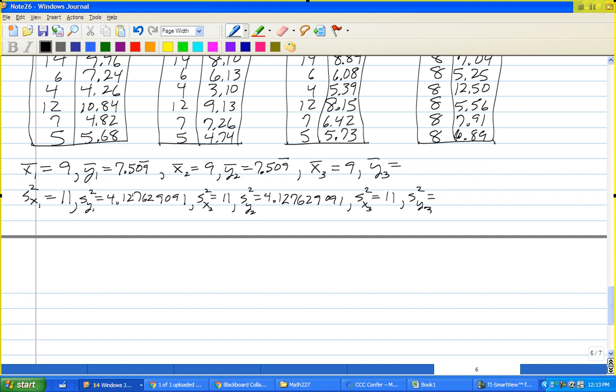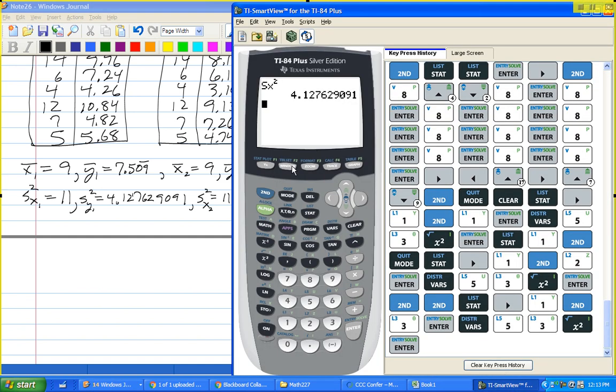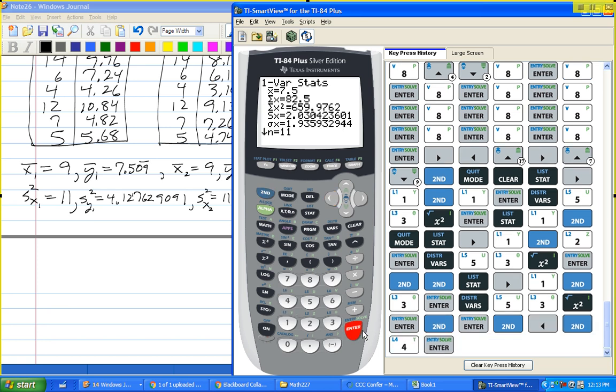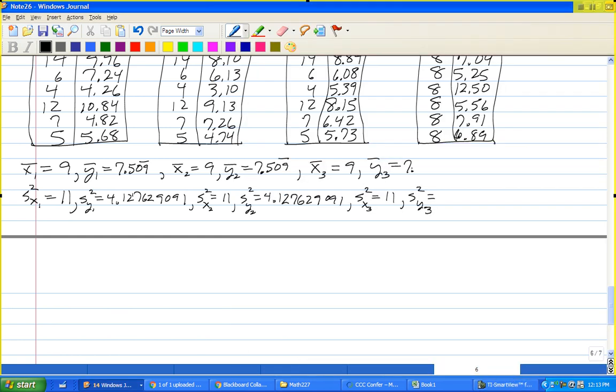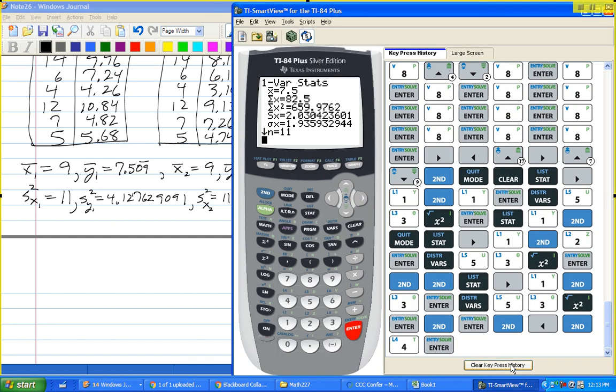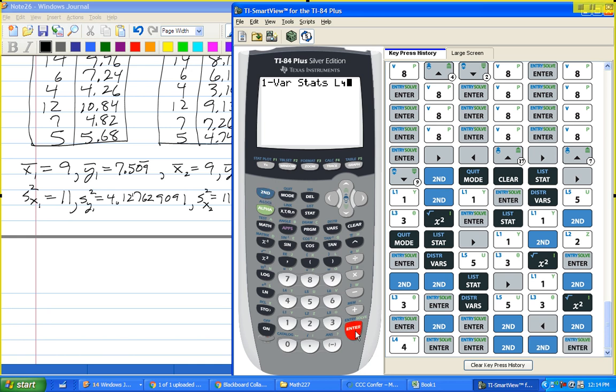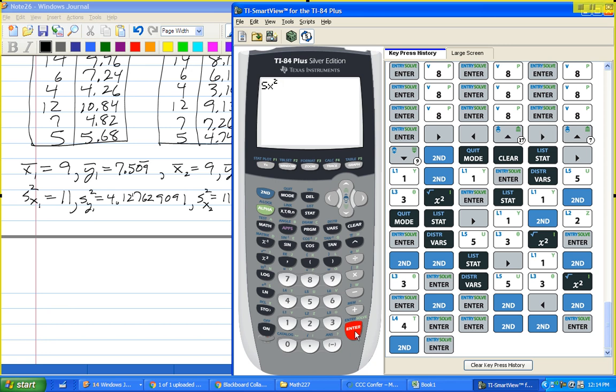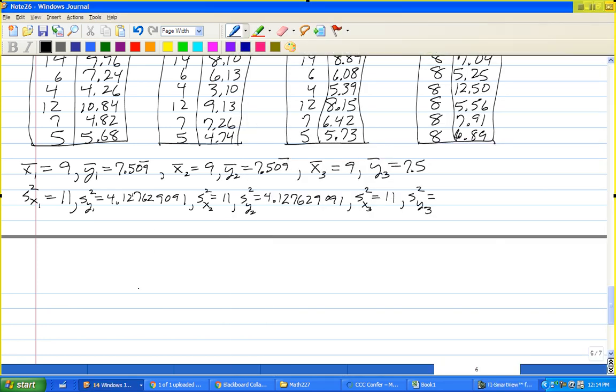And I stored this in L4. 7.5 and 4.12262.